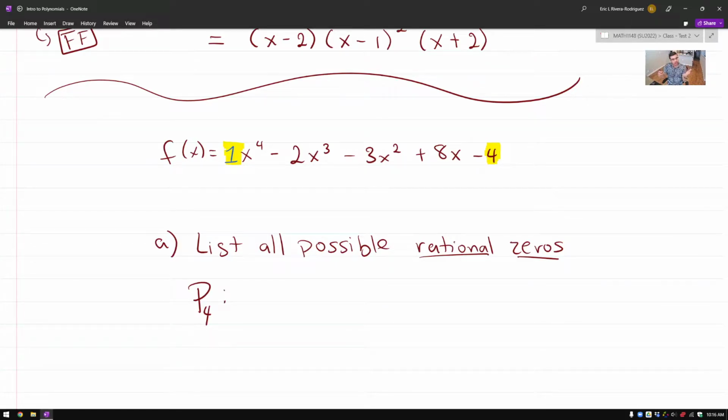If I multiply 1 times 4, that gives me 4. So the factors of 4 are 1 and 4, because 1 times 4 is 4. Another factor of 4 is 2. If we multiply 2 times 2 together, we get 4 as well. So 2 is a factor of 4.